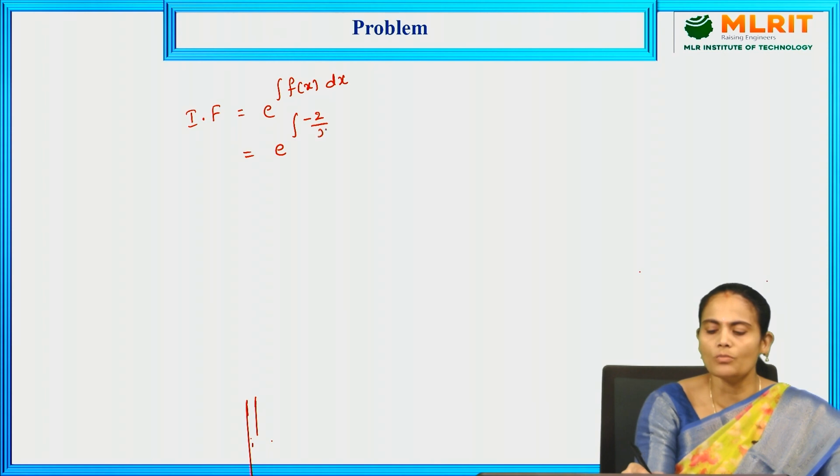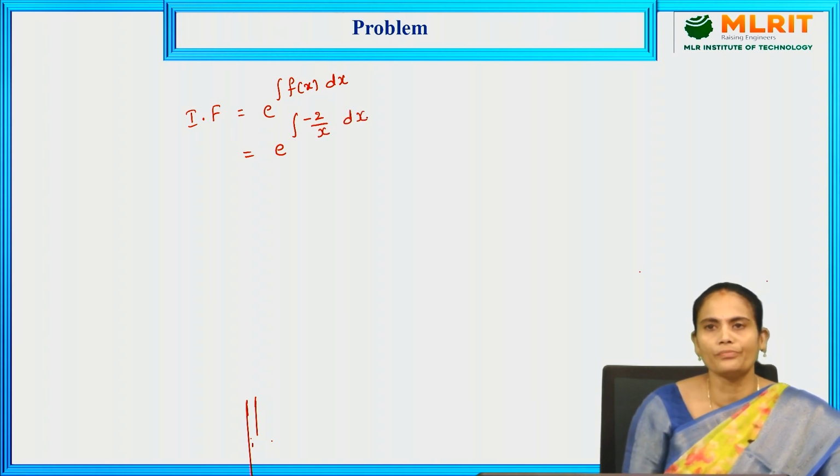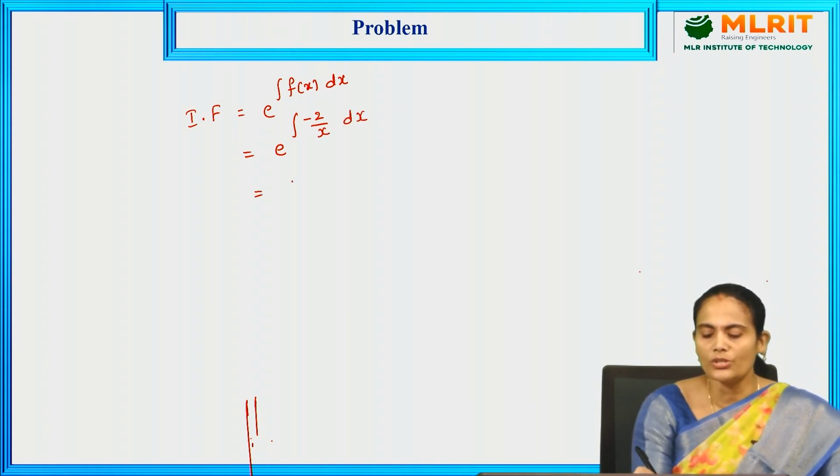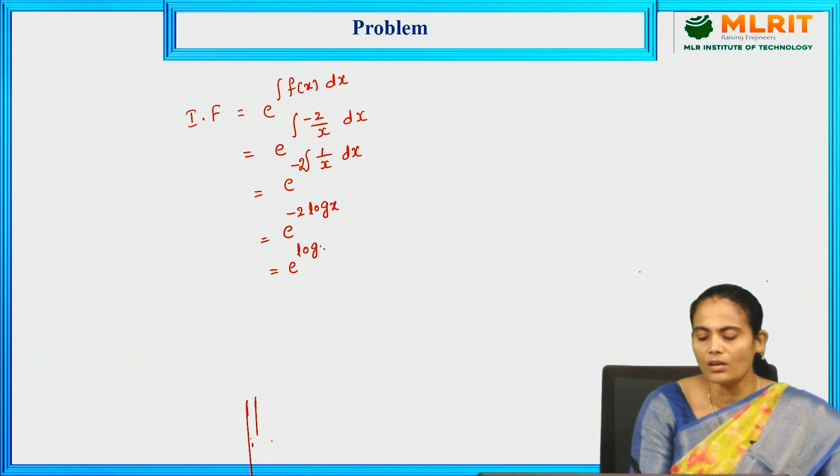Minus 2 by x dx. Here minus 2 is a constant, so before the integration, e to the power minus 2 integral 1 by x dx. We know that the integration of 1 by x is log x, so this can be written as e to the power log x to the power minus 2.